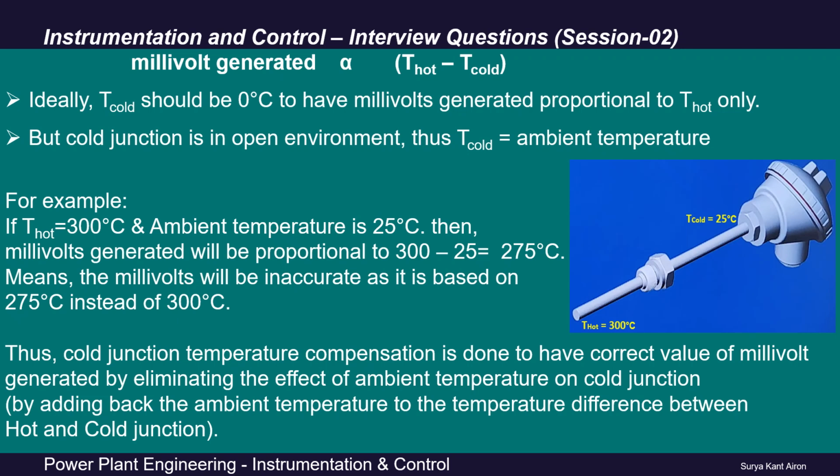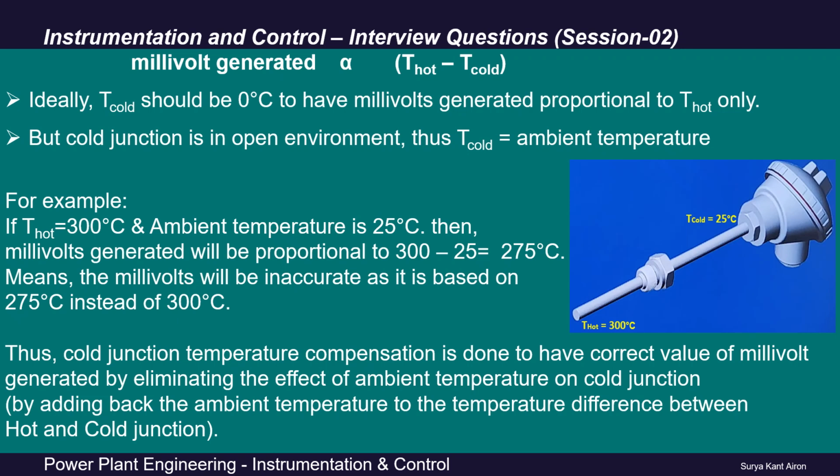So the millivolt generated will be proportional to 275 degrees centigrade. Then definitely this millivolt will not be representing 300 degrees centigrade. It will be reflecting 275 degrees centigrade, which will provide a wrong reading. So it should ideally be according to 300 degrees centigrade.